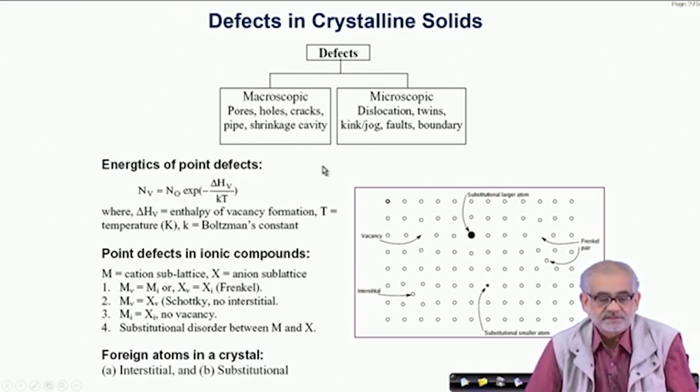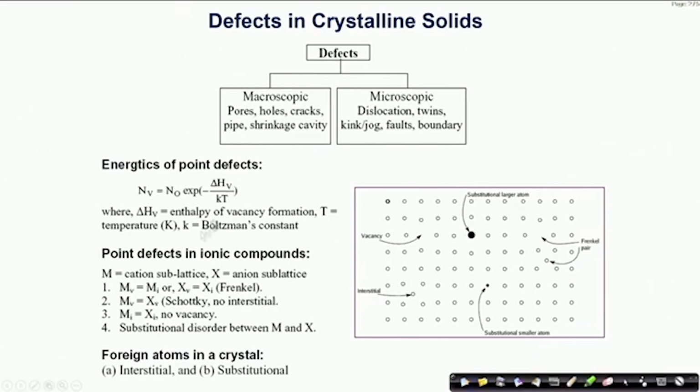So first, let me mention that when we are talking about defects in crystalline solids, dimensionally, the first kind of defects that one needs to discuss are the point defects. The point defects, as the name suggests, are zero-dimensional defects. So essentially, you are talking about either a missing species or an extra species coming into the lattice.